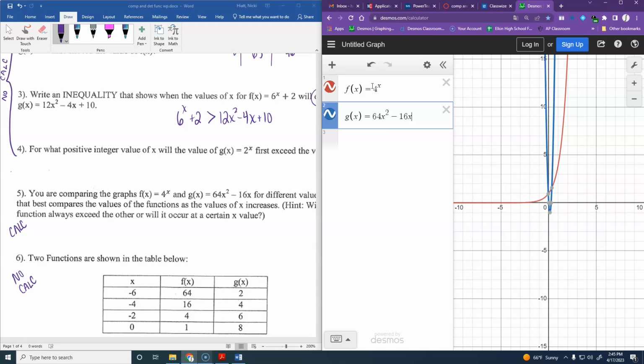Okay, so really we're talking about which function is bigger here. Which function is bigger? How on the graph can I tell if a function is bigger or has a greater value? What does it look like on the graph? For most of these, it's going to change, right?